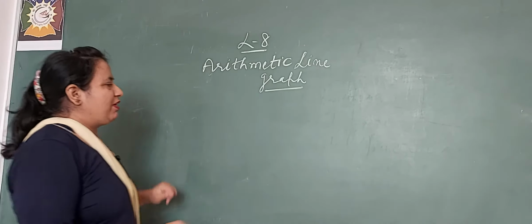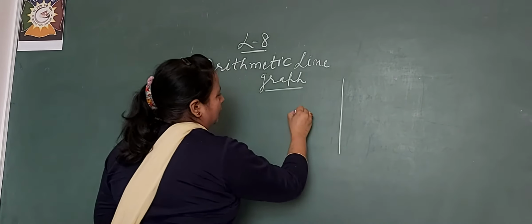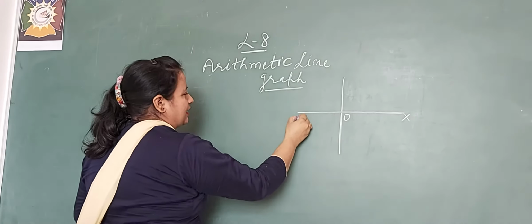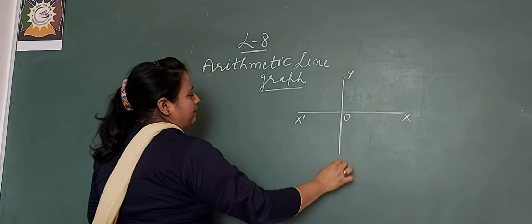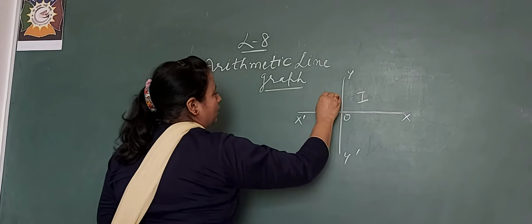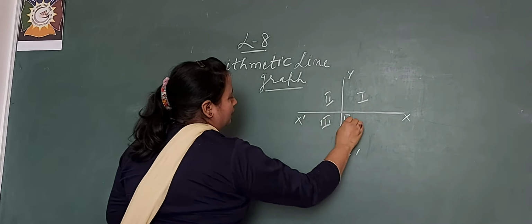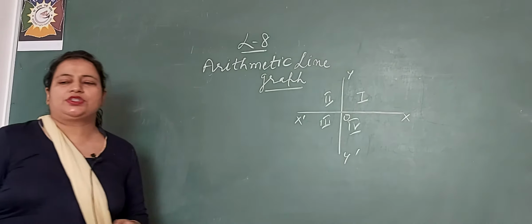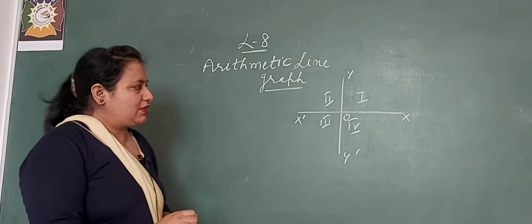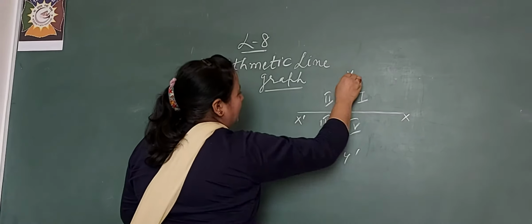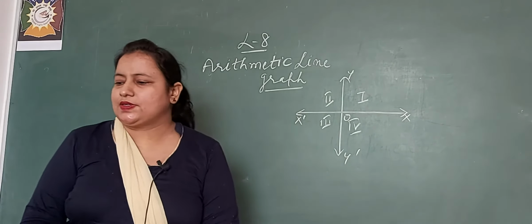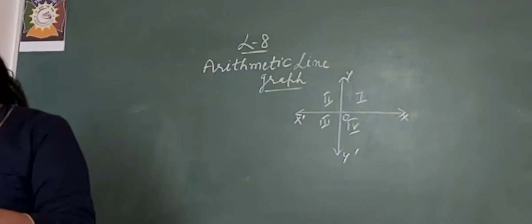I told you in the previous lecture, I am telling you in short, this is origin, x-axis, this is x dash, y-axis, y dash, first quadrant, second quadrant, third quadrant, fourth quadrant. But according to your chapter, we always work in the first quadrant, and the x-axis is known as the horizontal axis and the y-axis is the vertical axis.